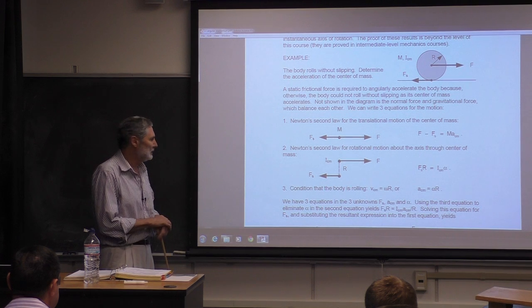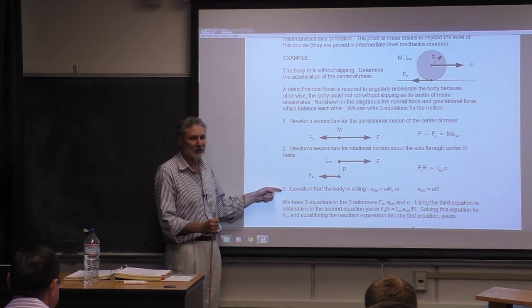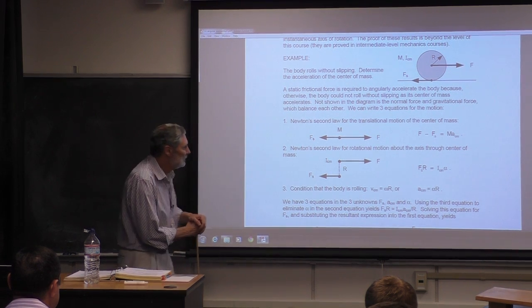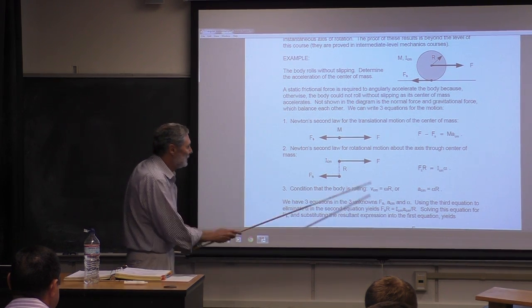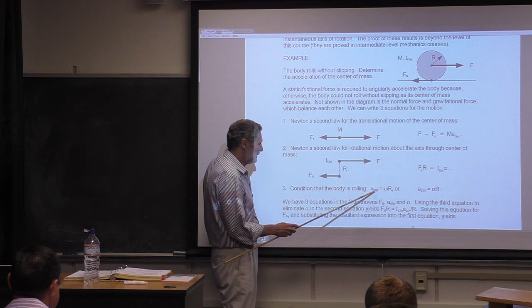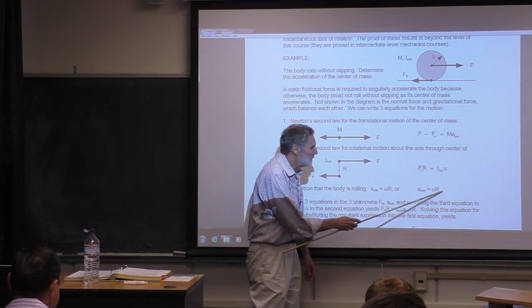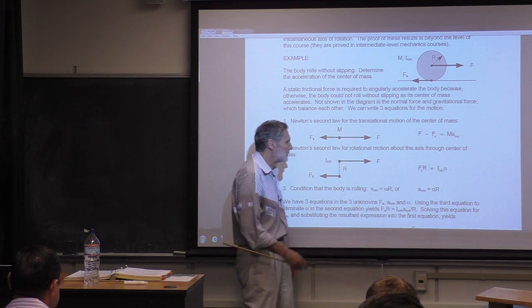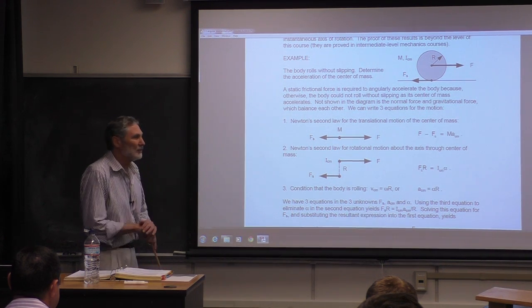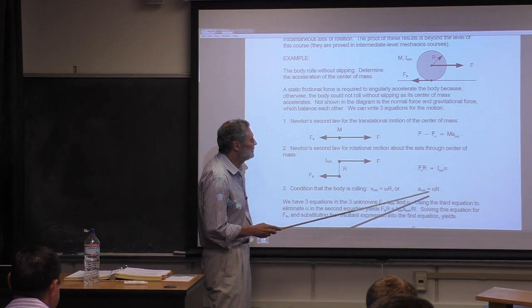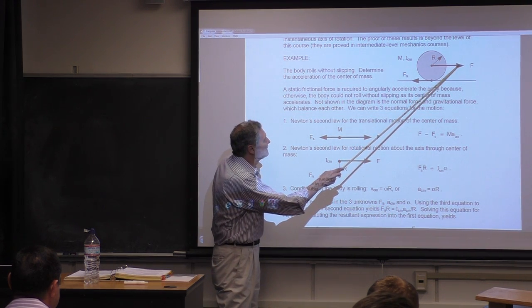Now we put in rolling. We're going to make the assumption of rolling here, okay? And again, that's VCM is equal to omega r. We differentiate this with respect to time, and we find that the acceleration of the center of mass has to be alpha r. And now we have 3 equations. And how many unknowns do we have? We usually think here of F as being specified.